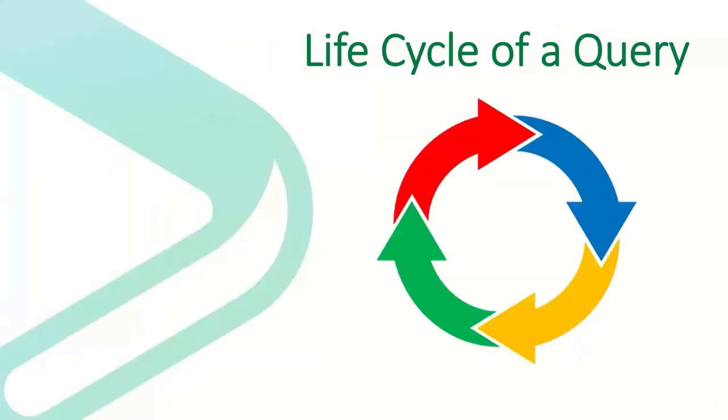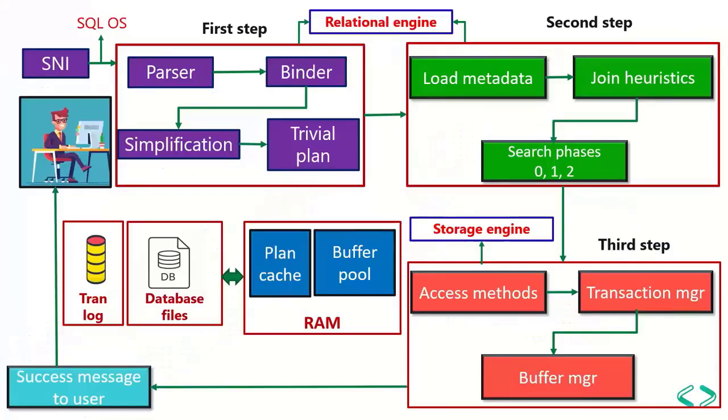Now let's see the life cycle of a query. If the life cycle of a query is divided into 3 different steps, then the first step contains the components parser, binder, simplification, and trivial plan. These components from the first step are very lightweight to the SQL Server. They don't require much metadata at all, except for the query definition and the table definition.